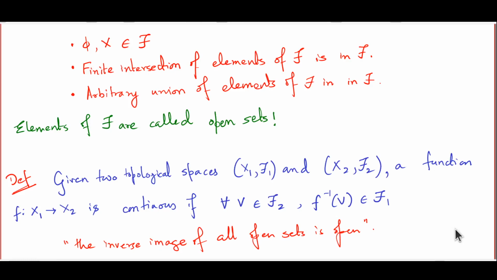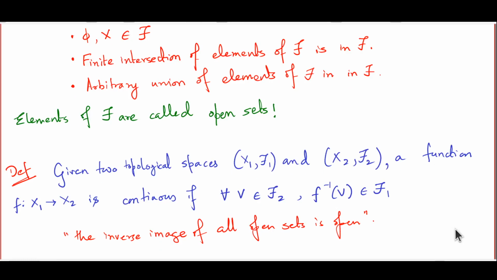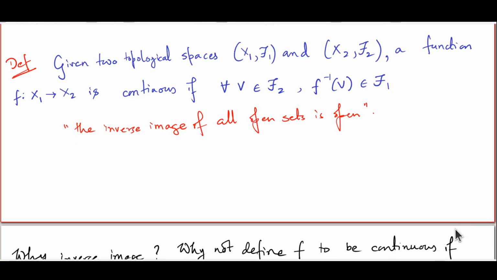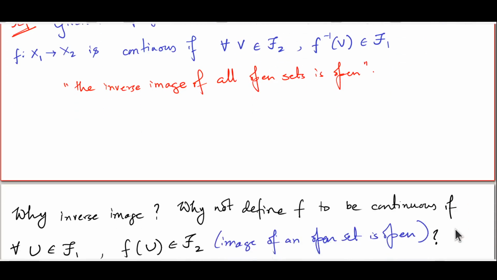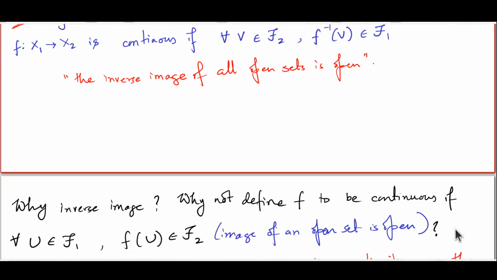The first issue is, why do we have to talk about inverse images? Wouldn't it be much more natural to talk about a function as continuous if for all open sets in the domain, the image of those sets were open in the range?